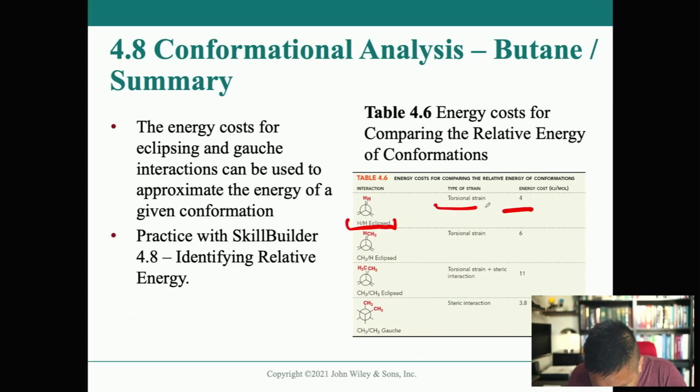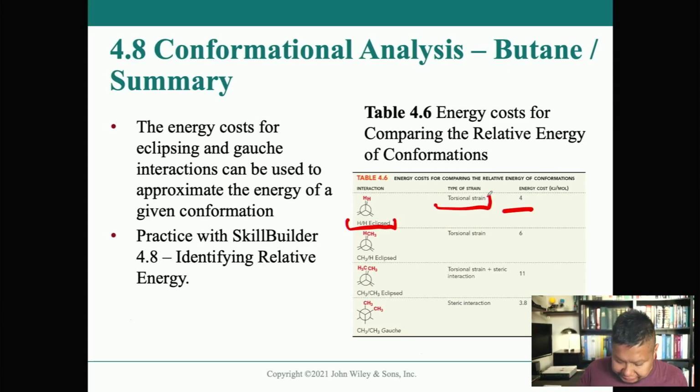That's a torsional strain. Torsional strain is just the strain of the actual rotation. It's kind of like torque, like in a drill, the amount of rotating. So the torsional strain is just the energy involved in the rotation of the bond.